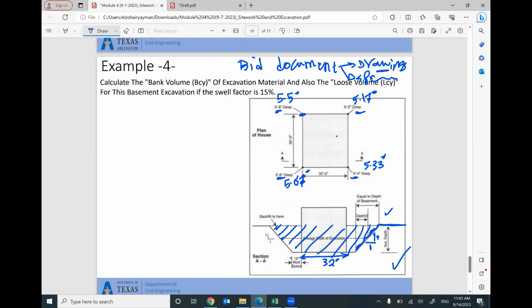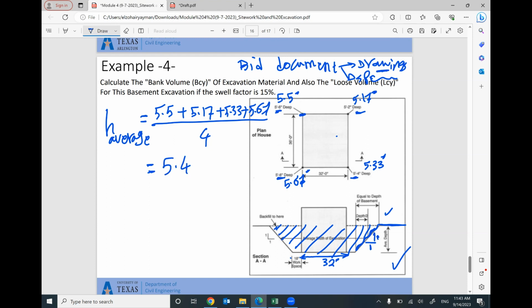So the average height that you need to excavate for this area will equal 5.5 plus 5.17 plus 5.33 plus 5.67 divided by 4. This is the average height. So I need to add these numbers together and divide by 4, and your number will be 5.4 feet.